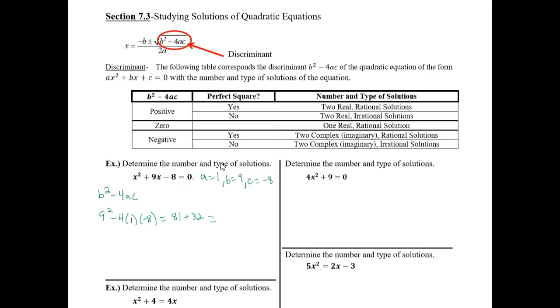And 81 plus 32 is 113. So I can see that this is a positive number, and it's not a perfect square. Since it's positive, there will be two real solutions, and they will be irrational because it's not a perfect square.